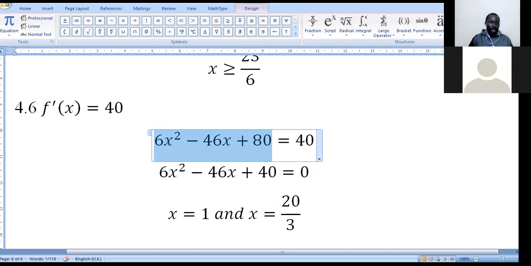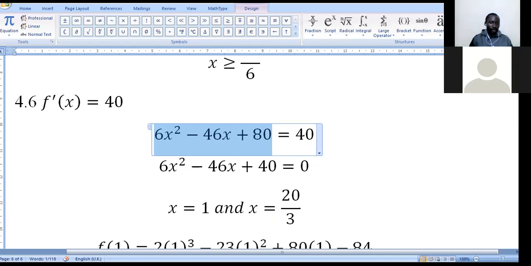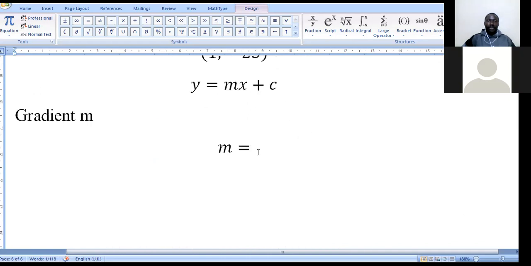So it's going to be, again, 6 times 1 squared minus 46 times 1 plus 80. Yeah, this gives 40. So the gradient is 40. Just put it here. M is 40.